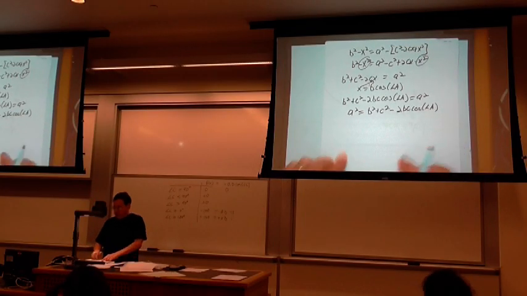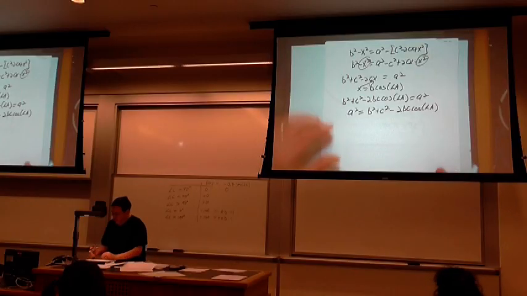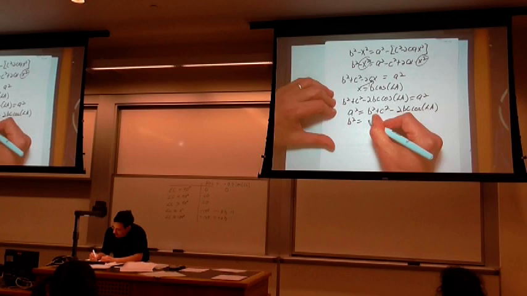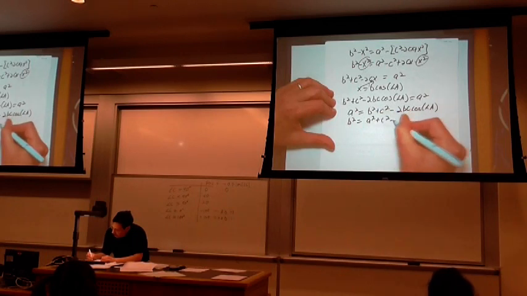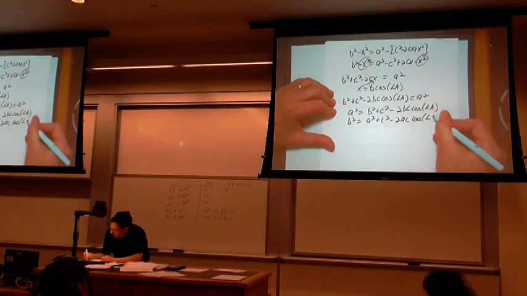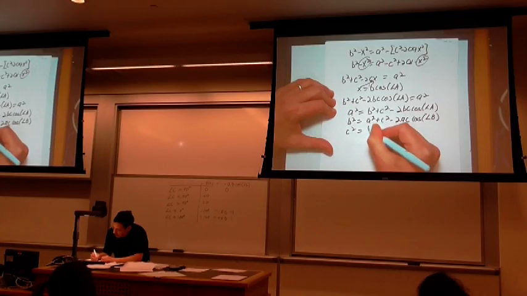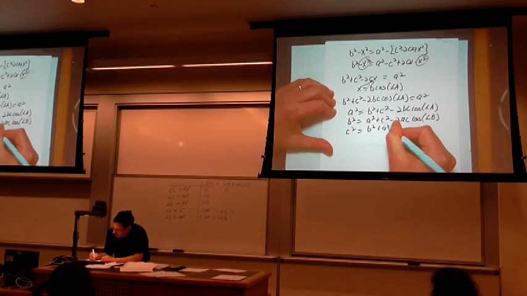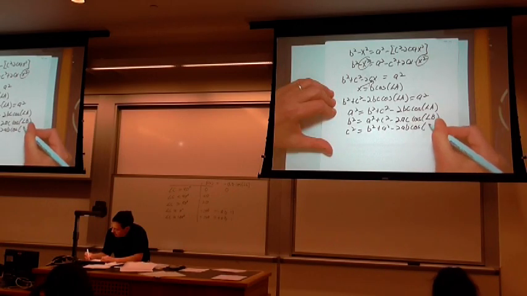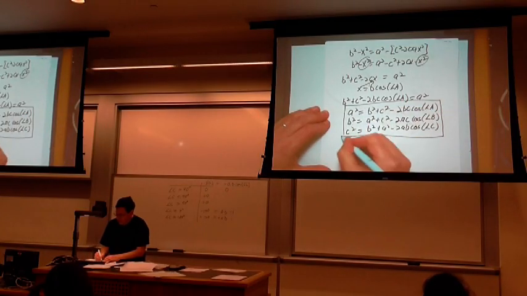The other thing to note is our choice of A, B, and C is completely arbitrary. So I could just as well write this as b squared equals a squared plus c squared minus 2ac cosine angle B. Or I can write it c squared equals b squared plus a squared minus 2ab cosine angle C. All three of these are equivalent.